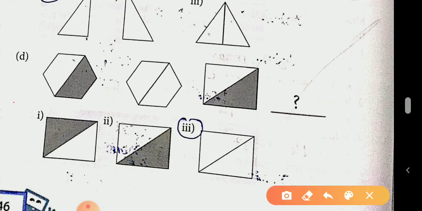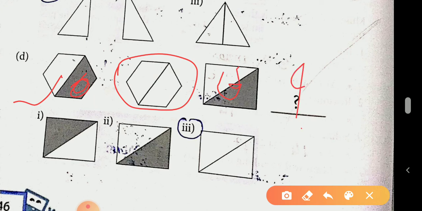First shape is filled with black color, second one is blank, and third one is filled with color. And which will come next? These shapes without filling. You see in this picture, the first shape is filled with color, second one is empty.